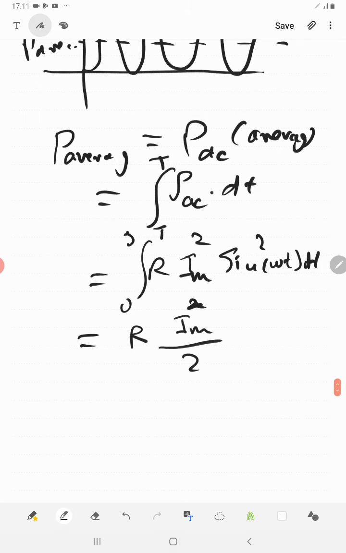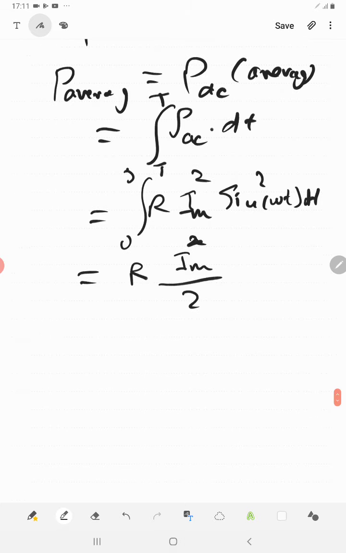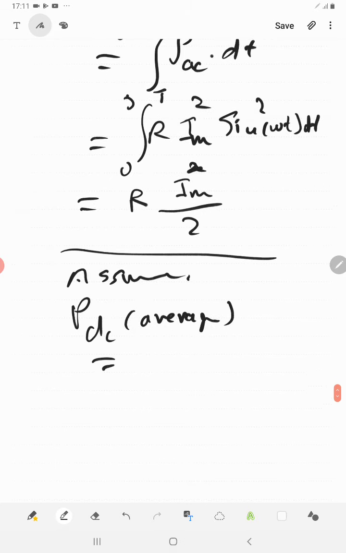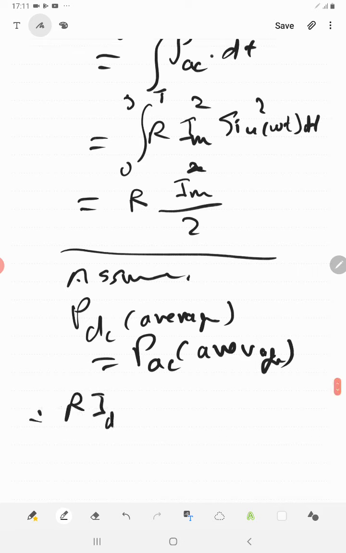Okay? Now, assume power DC average is equal to power AC average. Therefore, R I DC squared should equal R I maximum squared over 2.